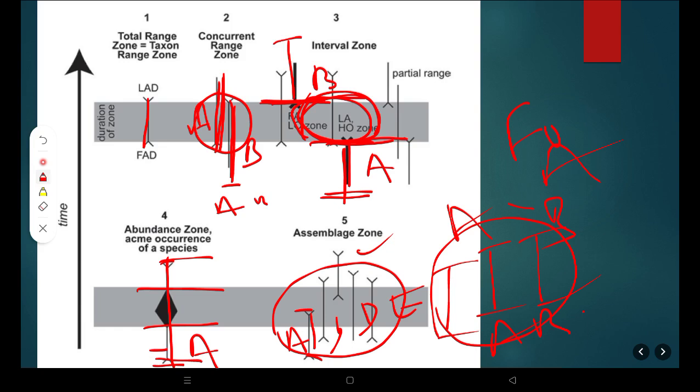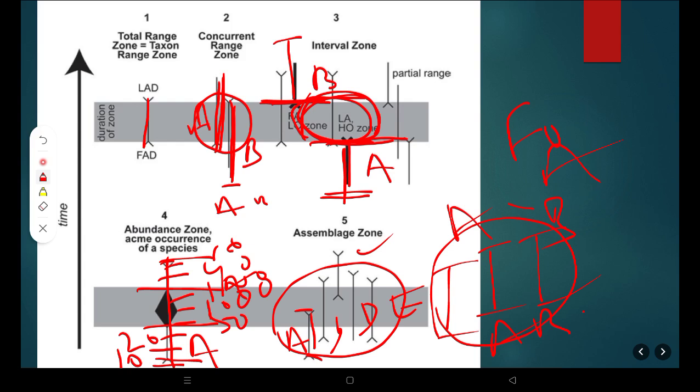Suppose in the lower part we are getting 10 fossils, here 20 fossils, here 50 fossils. But in the middle of the strata we are getting thousands of fossils, here also a thousand or 700 fossils. Here we are getting again 40, here again 10, like that.